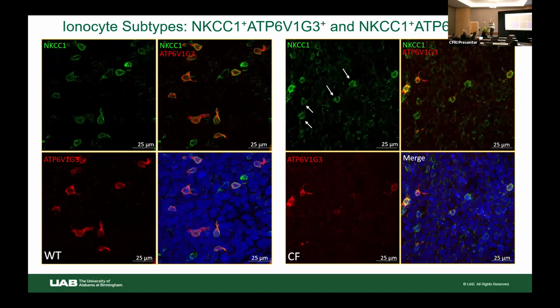What we found is that the control group showed really good co-localization of NKCC1 and ATP6V1G3. Then moving to the CF group, we found the ATP6V1G3 gene is kind of being turned off. They showed a lot of NKCC1 positive and ATP6V1G3 negative ionocytes in the tracheal epithelium.